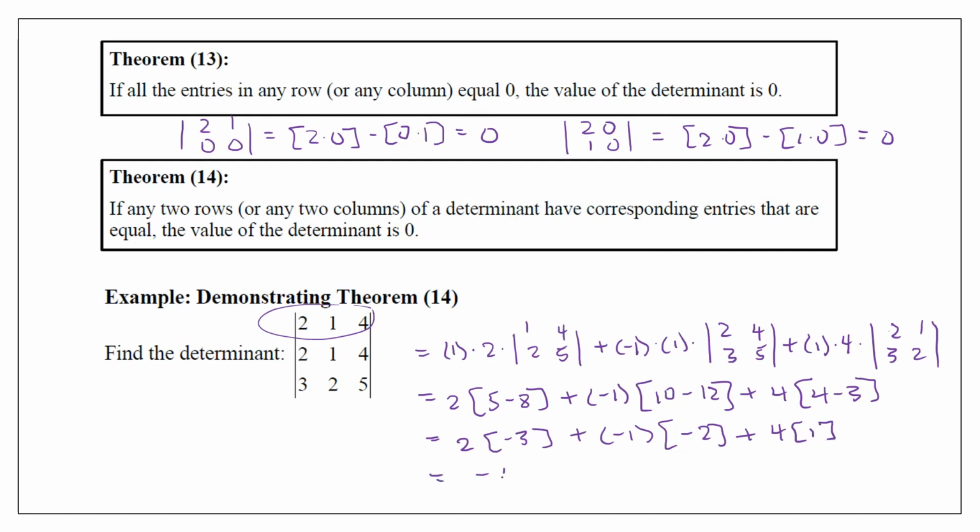Simplifying, we get negative 6 plus 2 plus 4, which equals 0.